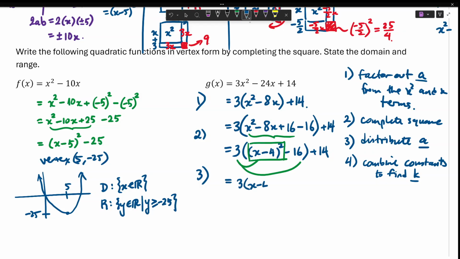So 3 times x minus 4 squared, and then 3 times -16, which is -48. Finally, we're going to combine the constants to find k. So -48 plus 14, that's going to be -34. And there's our vertex form.